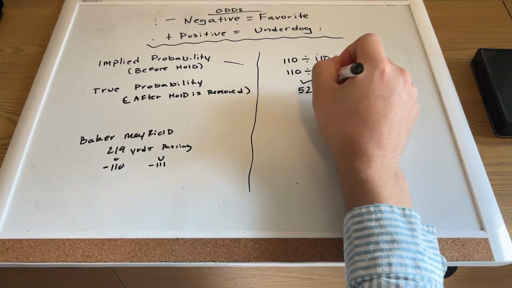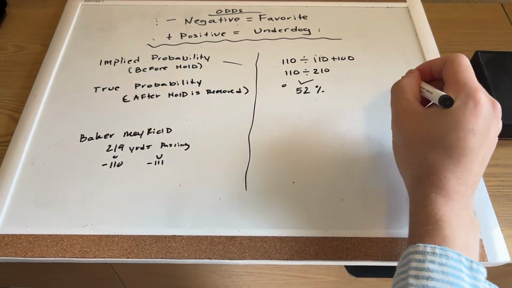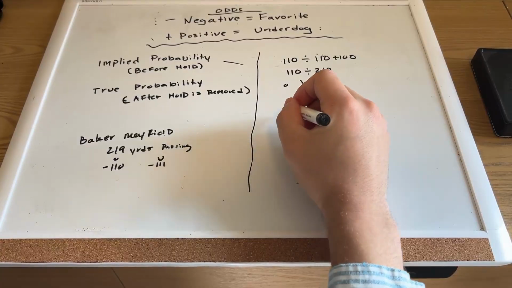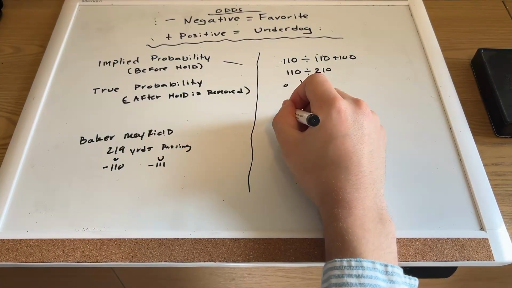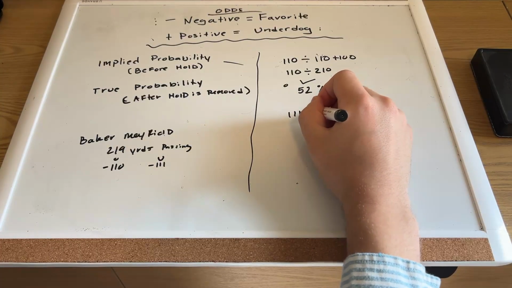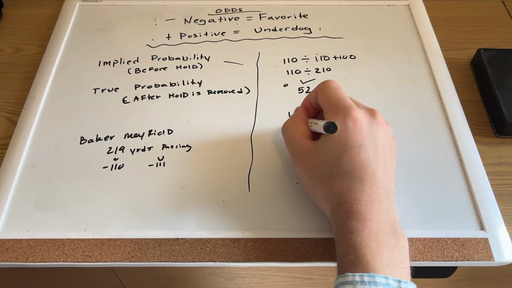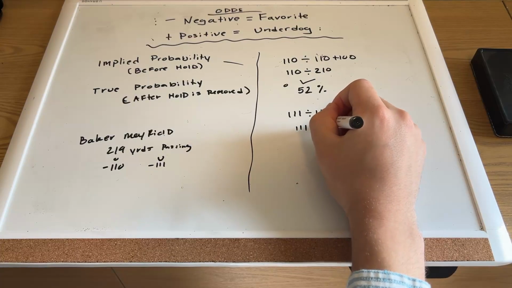All right, you guys still with me? So this is for the over. And then we have the under. So we've got -111. So 111 divided by 111 plus 100, so 111 divided by 211.